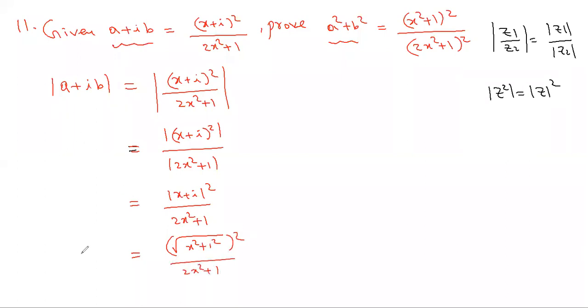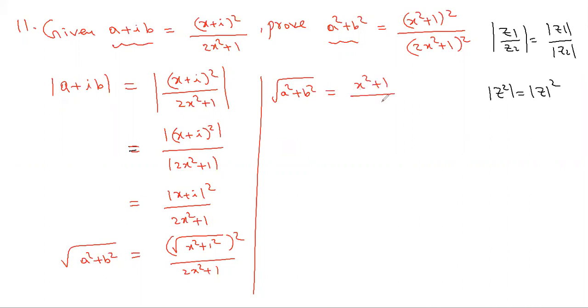We can do the calculation for the LHS also. Root of a square plus b square equals x square plus 1 by 2x square plus 1.